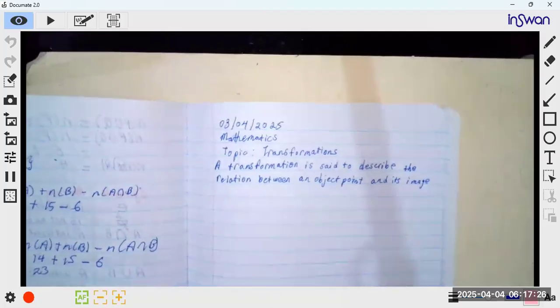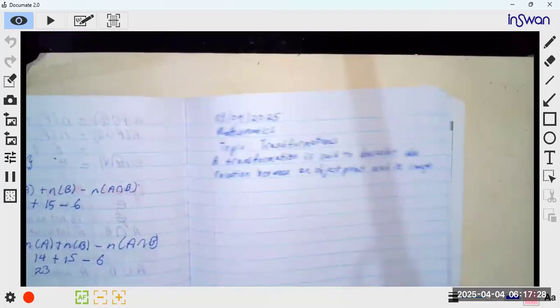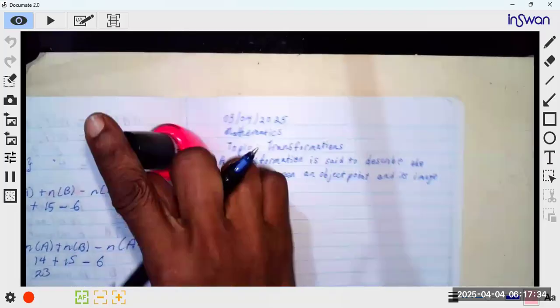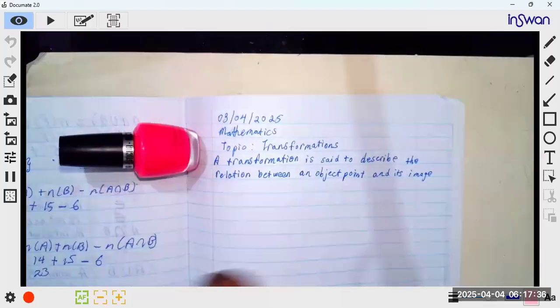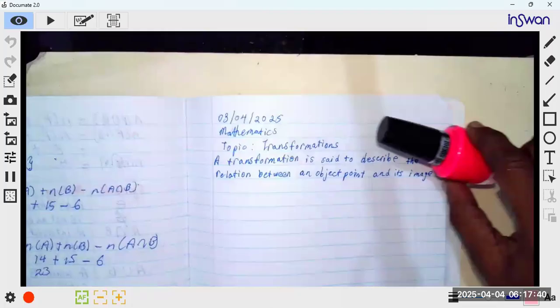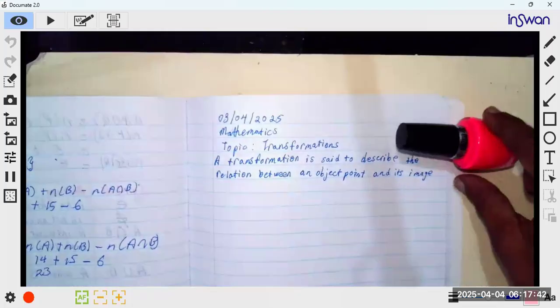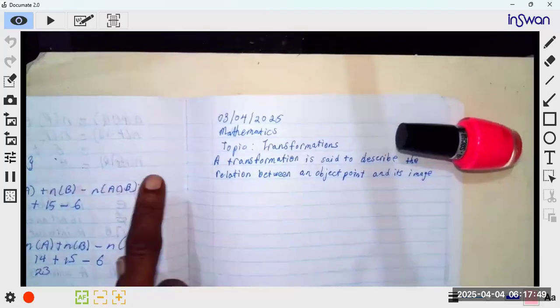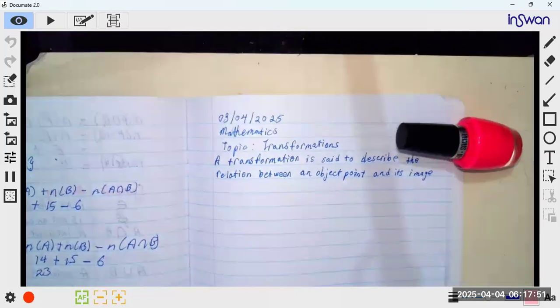So therefore now, when I move this nail polish from this point here, and I decide to slide it across to this point here, that's a form of transformation. So at the beginning, it's the object, and when I slide it across, it becomes its image.